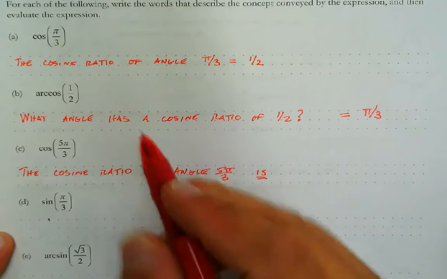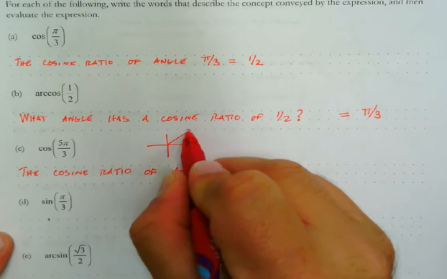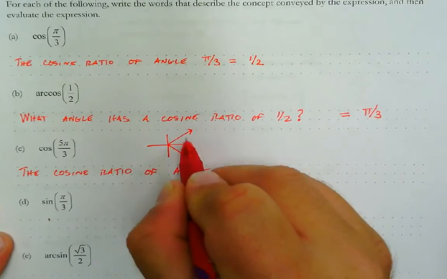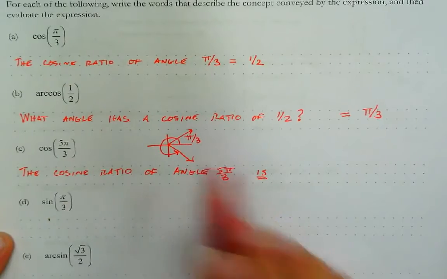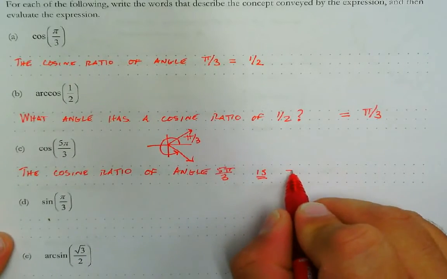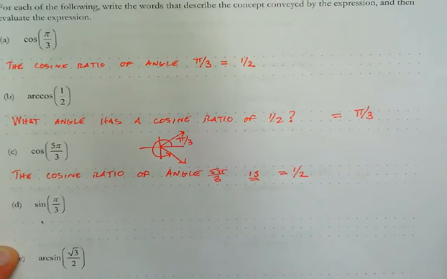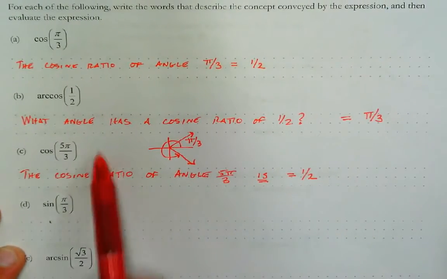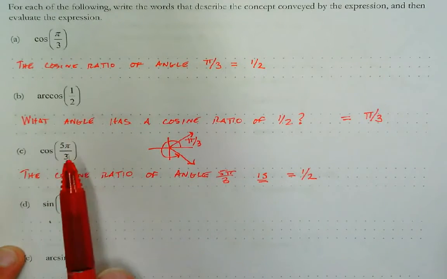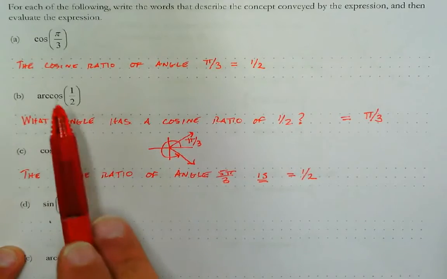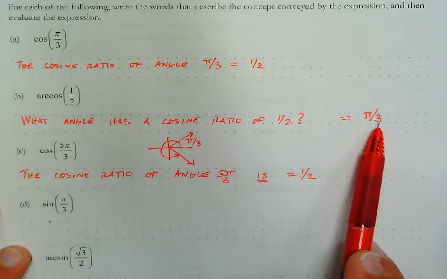If we can't quite remember, we can go to a unit circle. 5 pi over 3 is this angle in this quadrant, and we know, oh, hey, that ratio is also 1/2. Well, wait a second. If the cosine ratio here is 1/2 and the cosine ratio here is 1/2, what's going to be the output for this function? Well, the output is pi over 3.